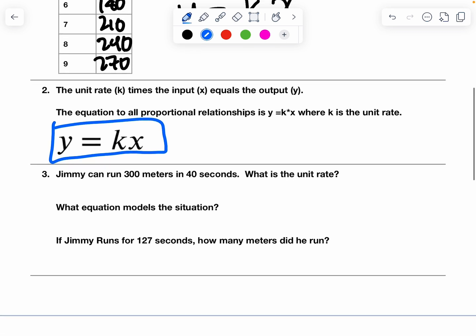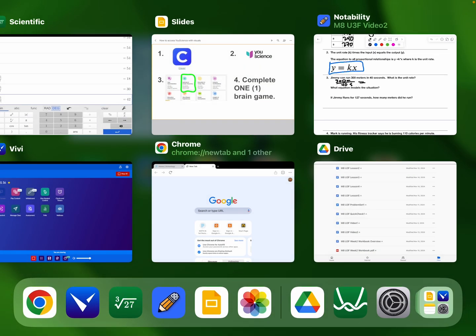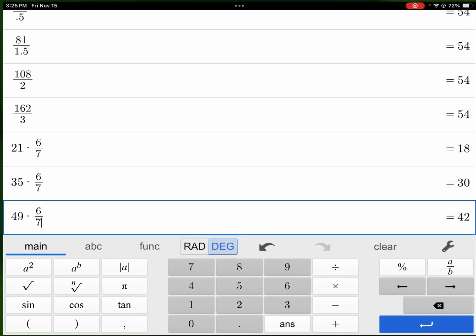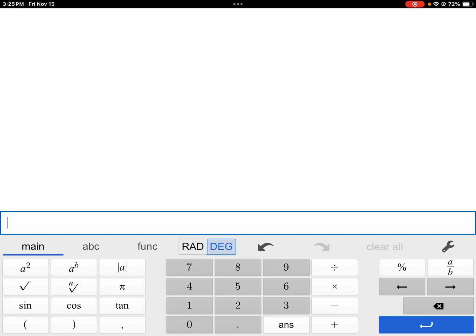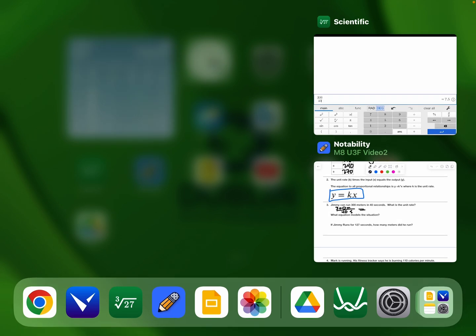Okay, so Jimmy can run, let's do number 3, 300 meters in 40 seconds. So if I want a unit rate, it would be 300 meters divided by 40 seconds. Let me open up my calculator. 300 divided by 40 would be 7.5.